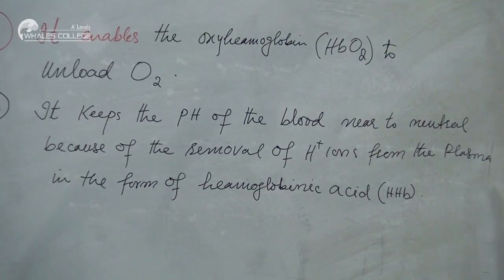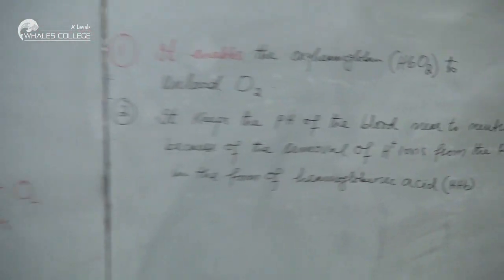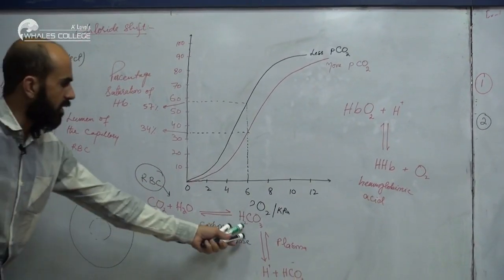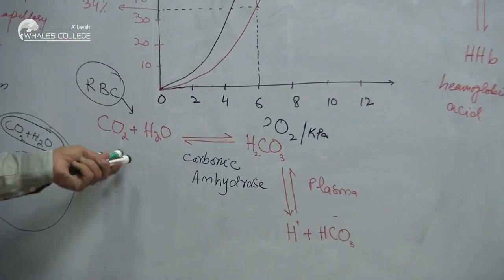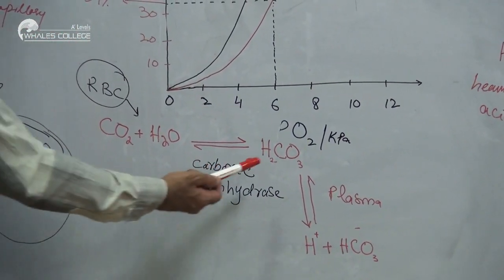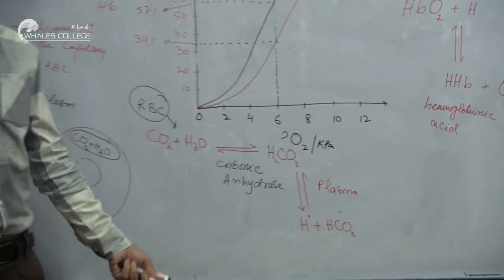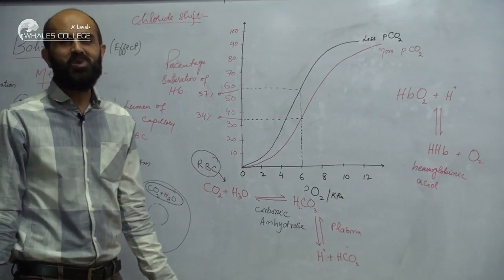In the first reaction, carbon dioxide produced carbonic acid, and this carbonic acid later produces H plus ions. If there were no carbon dioxide, there would be no H plus ions, and with no H plus ions, there will be no unloading of oxygen and no dissociation.